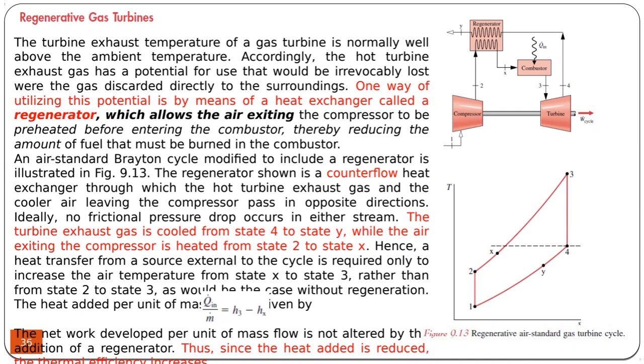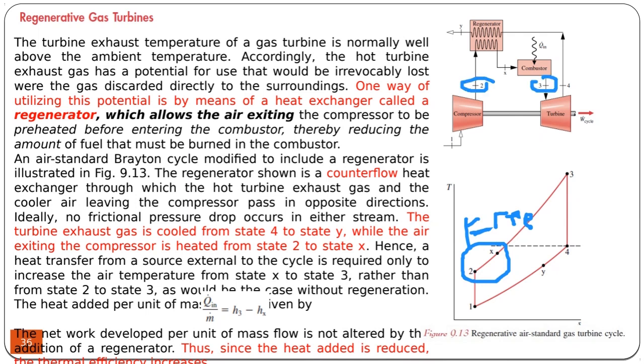So by using the recuperation system, regeneration system here, you can see that instead of heating the air from 2 to 3 inside the combustor, we get this part of heat as free because it's wasted.